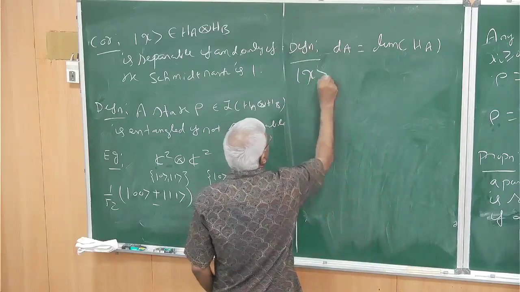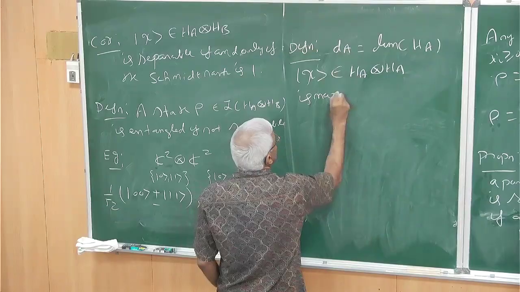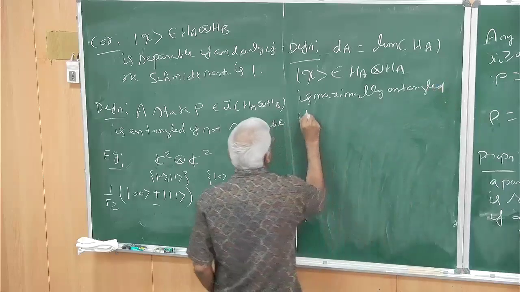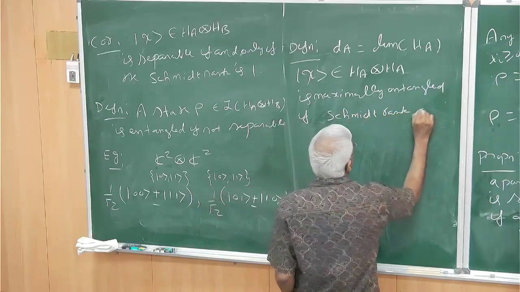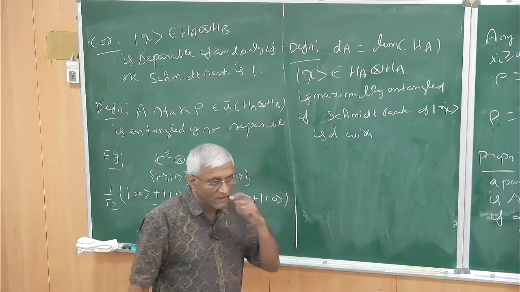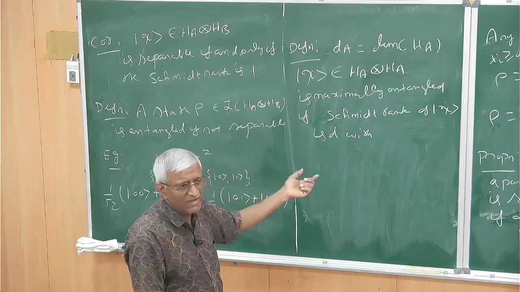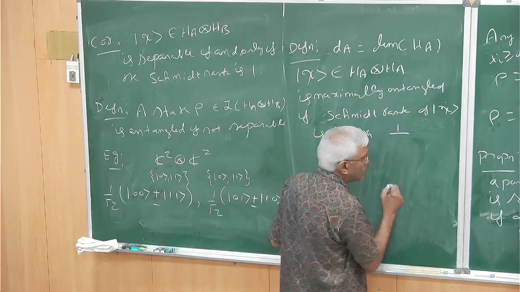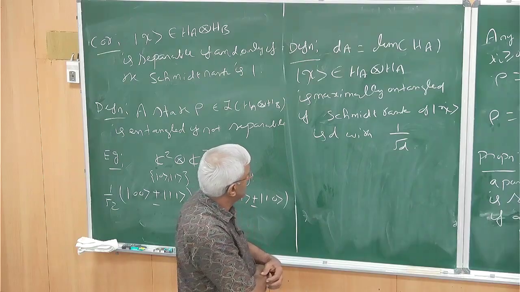Then a chi in HA tensor HA is maximally entangled if the Schmidt rank of chi is d, with those Schmidt values, the singular values, all equal to 1 by square root d.